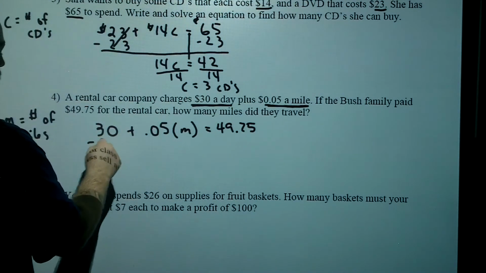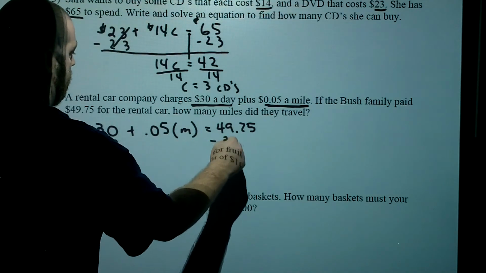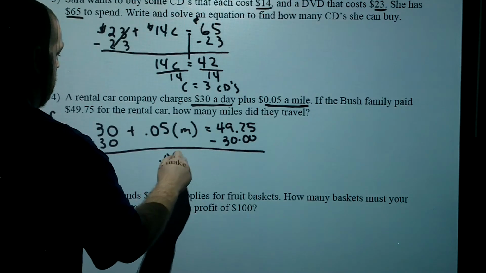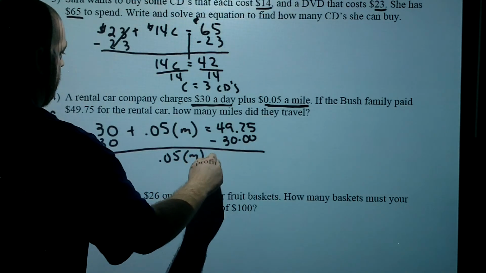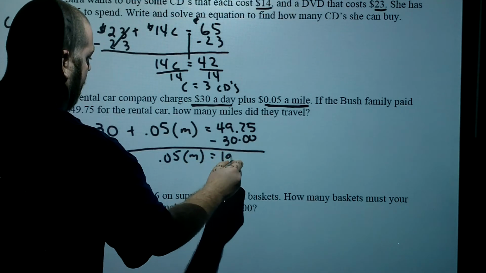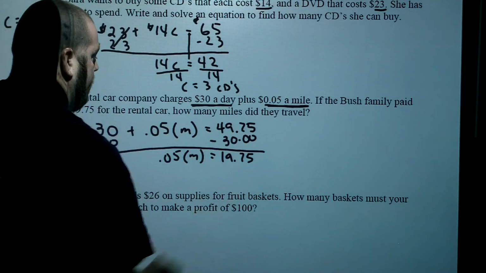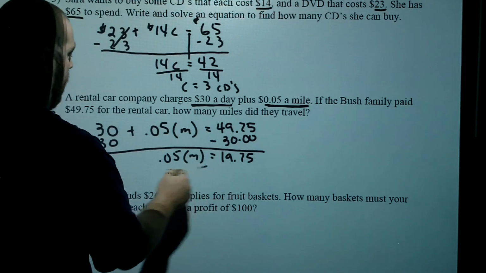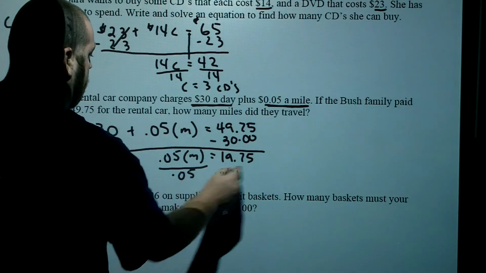I subtract 30 first. So there's a total of $19.75 spent for however many miles. I divide this by 0.05.